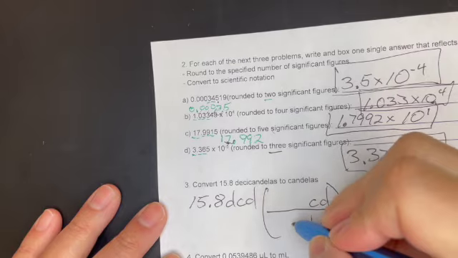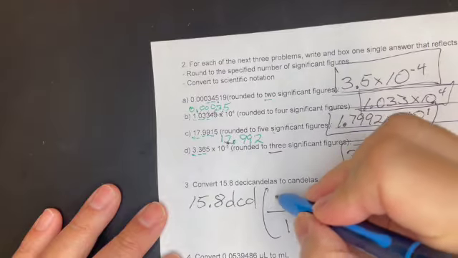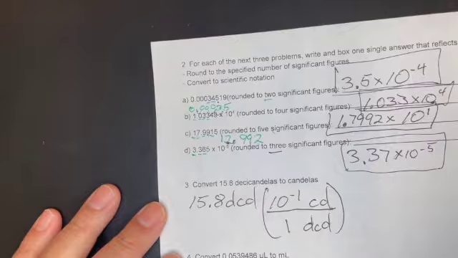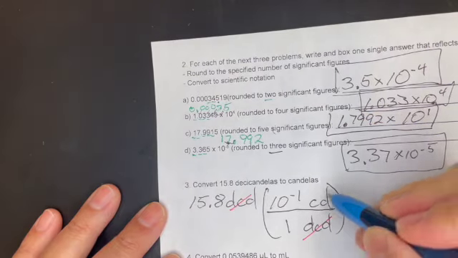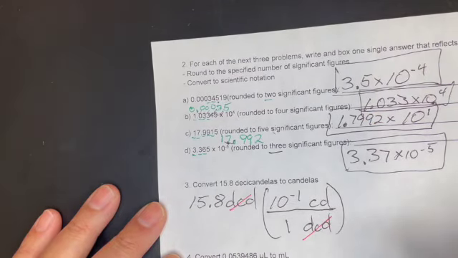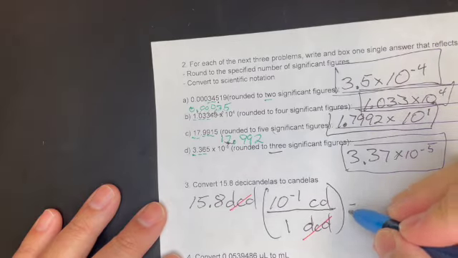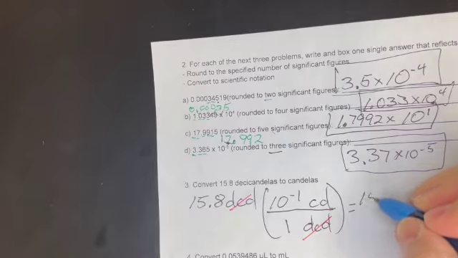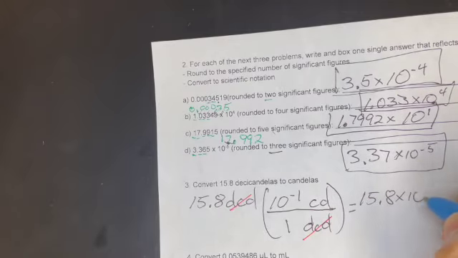I'm going to put a 1 in front of the prefix, and deci is a small number, so it's going to be to the -1. Decicandelas will cancel. Candelas are left over. So I can write this as 15.8 times 10 to the -1. That is not in scientific notation, right?